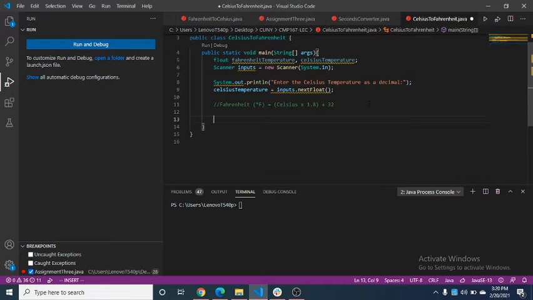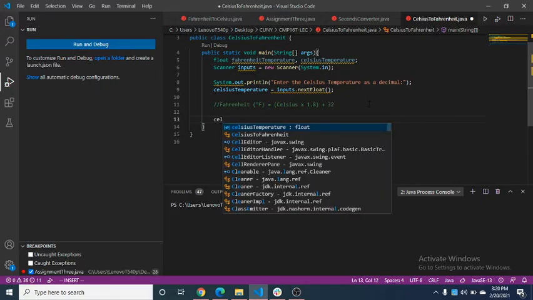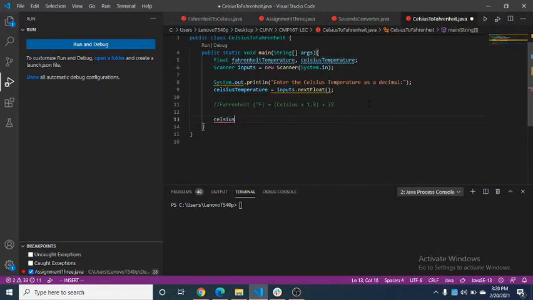So I'm going to say Celsius temperature, no, sorry, Fahrenheit temperature is equal to, see, I need parentheses based on what I'm seeing up here. I'm going to do Celsius temperature times 1.8 plus 32, right?